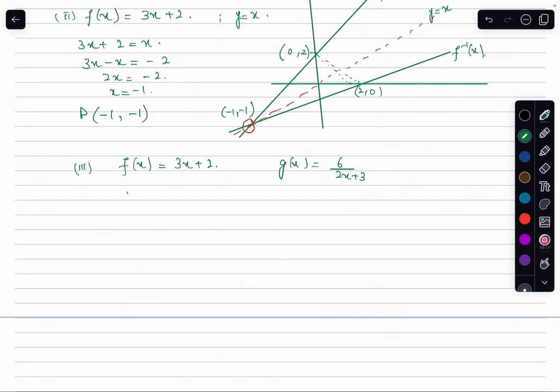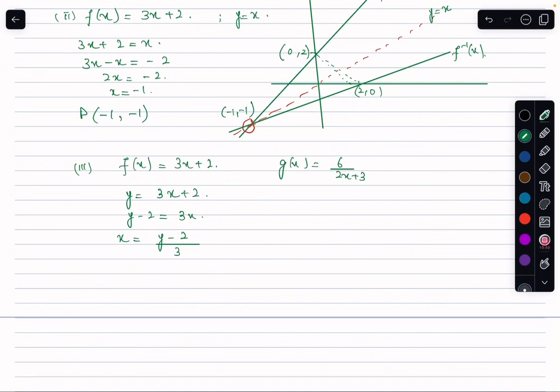So to get f inverse, I will be equating f(x) to y and making x the subject. So y minus 2 equals 3x, or x equals y minus 2 divided by 3. We know why we are doing this: when we get the inverse, the domain maps onto the range, meaning the x values map onto the y values, and the y values, or the range, map onto the x values, which is the domain.